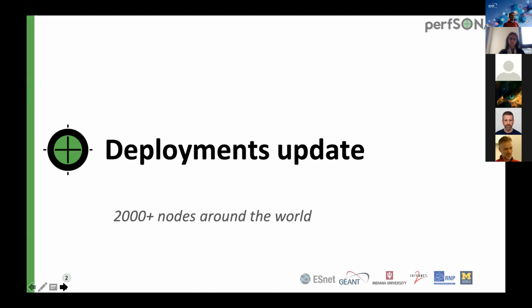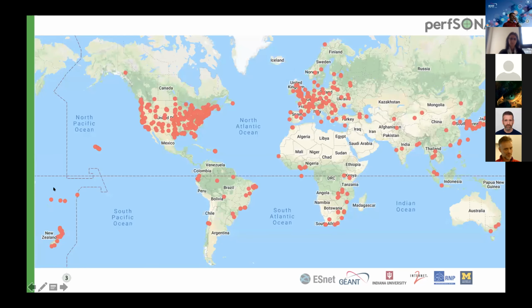So if we look first at the public deployment of perfSONAR, we can see that we have a stabilization of perfSONAR deployments around the world with a bit more than 2,000 public deployments in different networks, mostly research and education networks, but also some commercial providers as well.